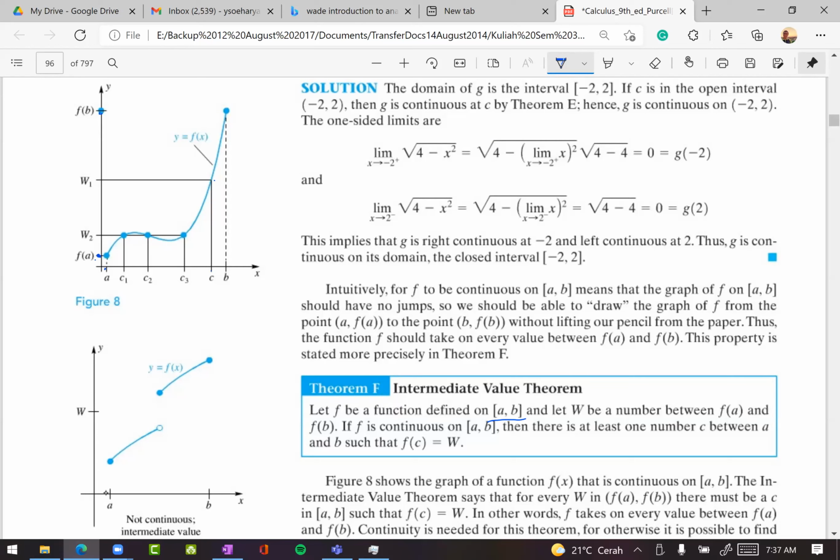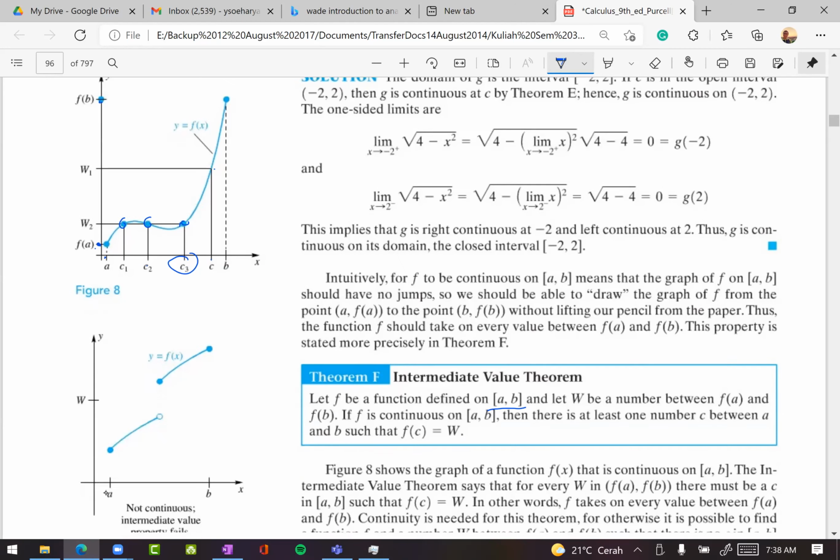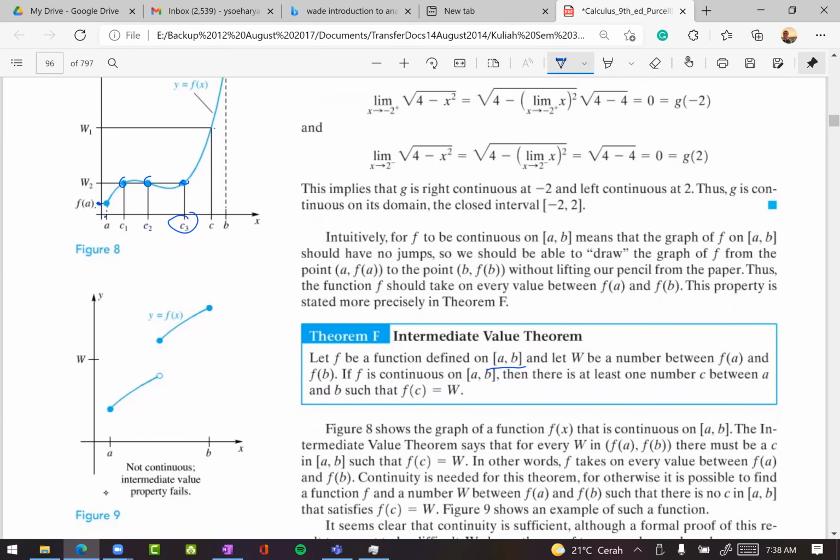For example, if you take w2 here, you have c1 with value w2, c2 also, and c3 also, so you have 3 points here. The fact of the matter is that there must be at least one. This doesn't happen if f is not continuous.